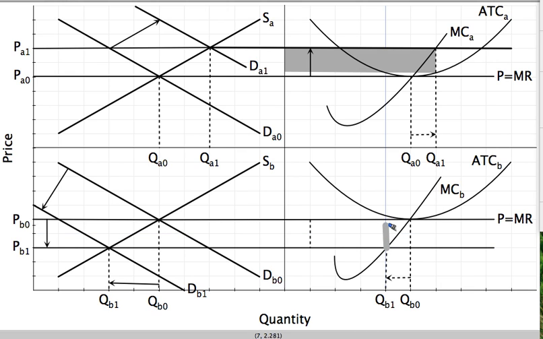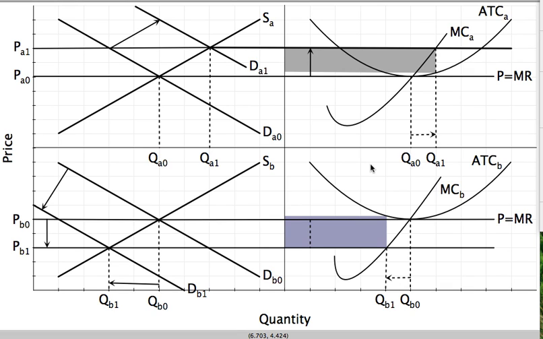So that's where they intersect. Let me go up until I hit average total cost, and I go across, and I go straight down, and that gives me the losses. Let me change that color there. So that purplish color represents the economic losses of these firms.